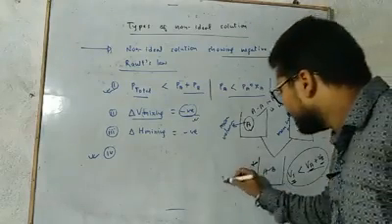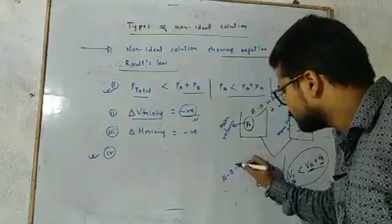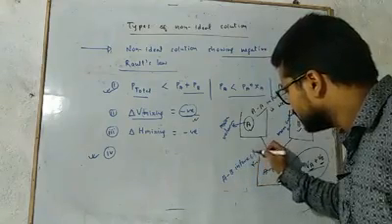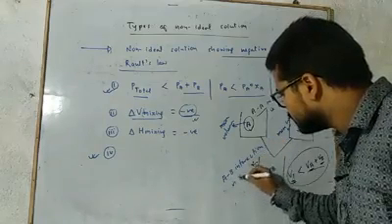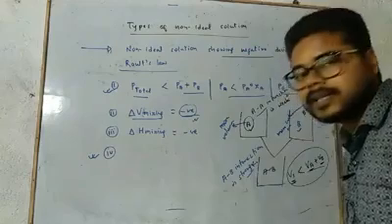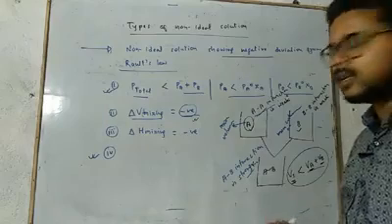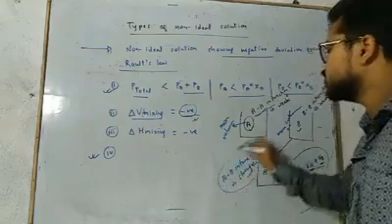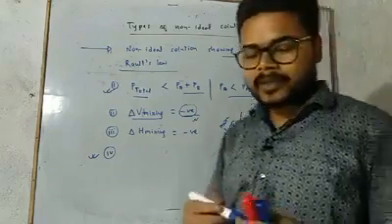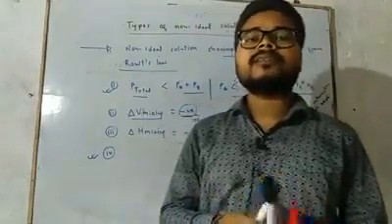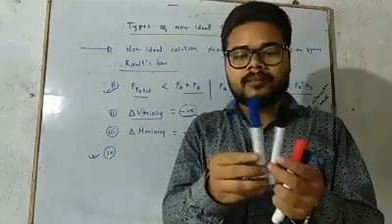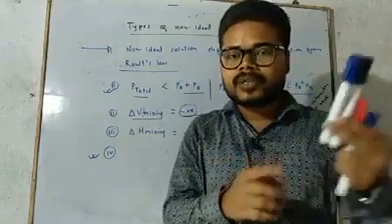Now AB interaction is strong. Getting the point now? Here AA interaction is weak, BB interaction is weak, but AB interaction is strong. So if AB interaction is strong, they will be present closer to each other.